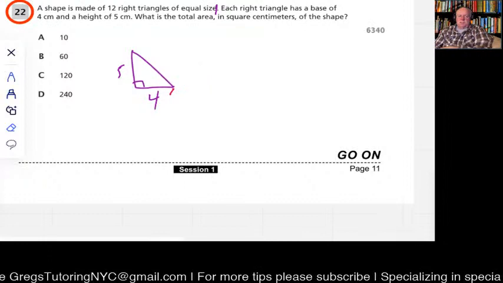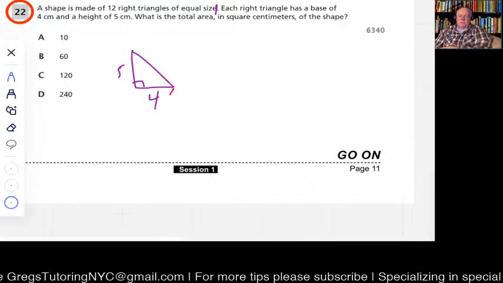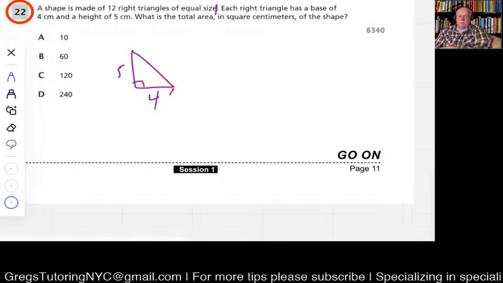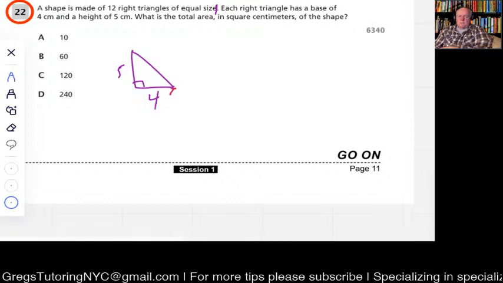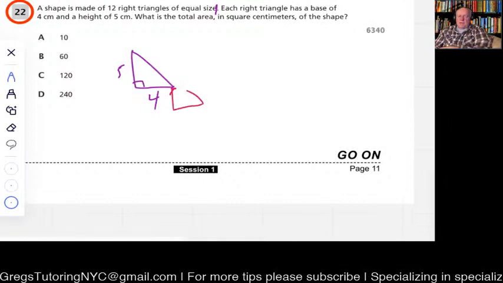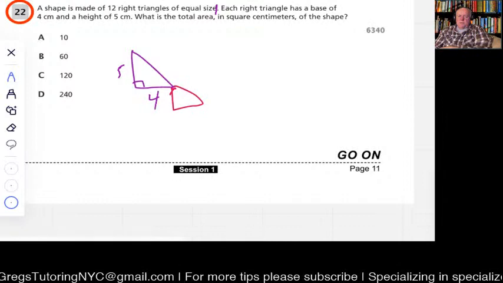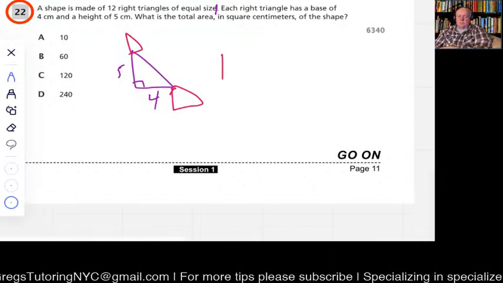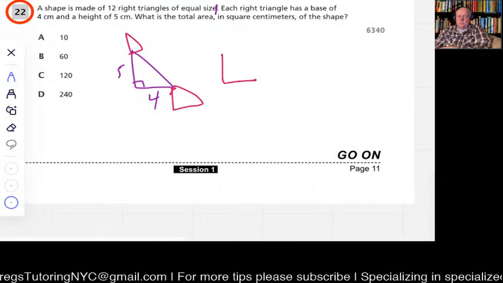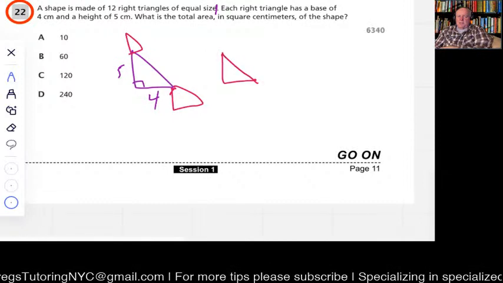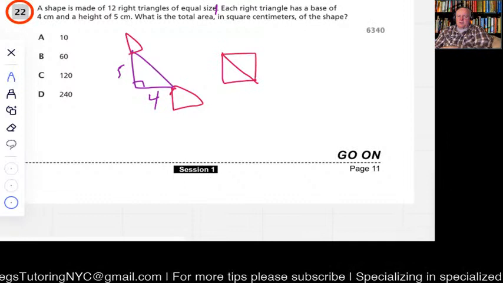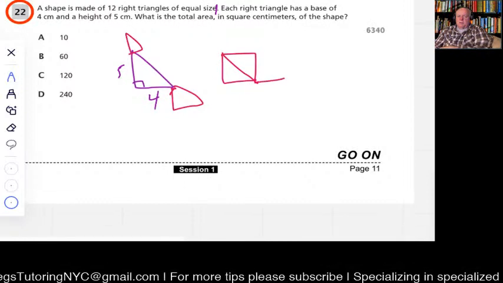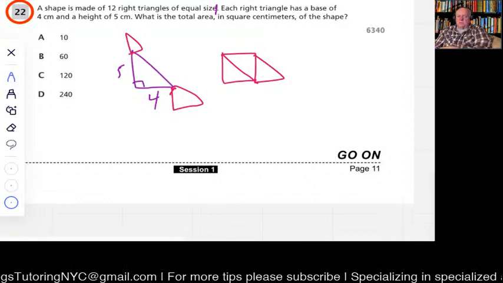And just to show you, I won't do 12, but let's say it was 3 of them. We could do that, and we could do this. We could do another one where you put the second one here, and then the third one here, and then the fourth one here, and so on.